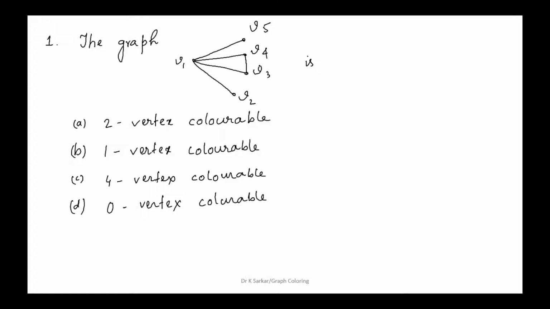V2, V3, V4, V5 are adjacent to V1. So V1 should receive a color which is distinct from V2, distinct from V3, distinct from V4 and distinct from V5.